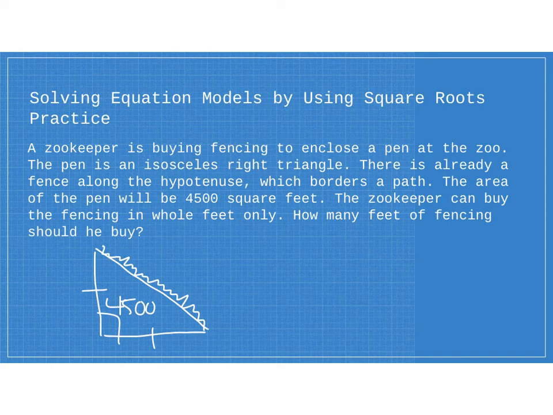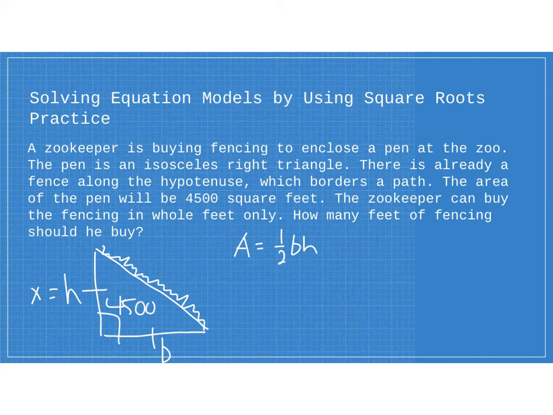So we know that the area of a triangle is 1/2 base times height. And so this is our height, this becomes our base. Now in this case we don't know what our height is, so we'll call that x.